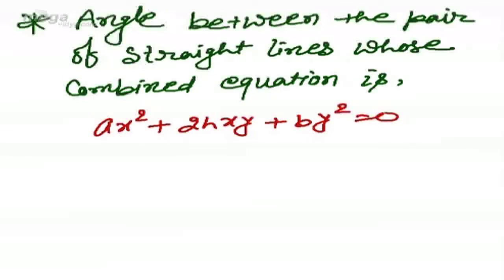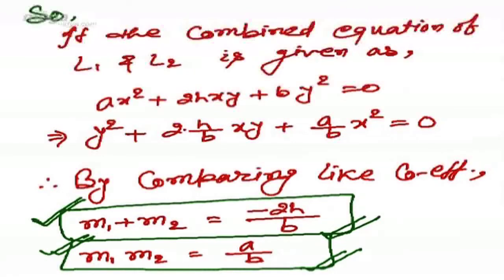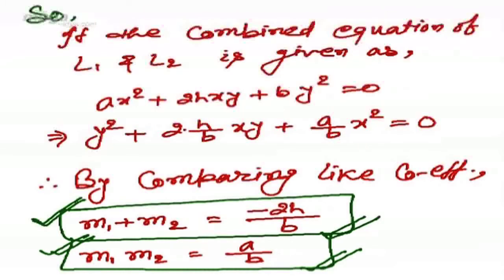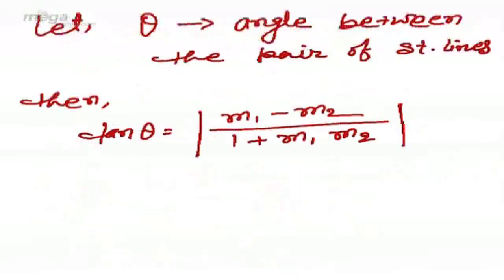So we will use this relation to find the value of m1 minus m2. Here you have m1 into m2 is equal to a by b, and m1 plus m2 is minus 2h upon b. So with the help of these two, we'll find m1 minus m2.